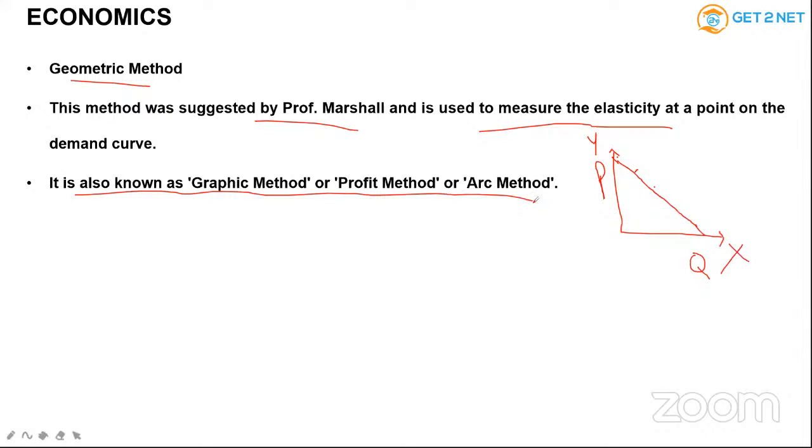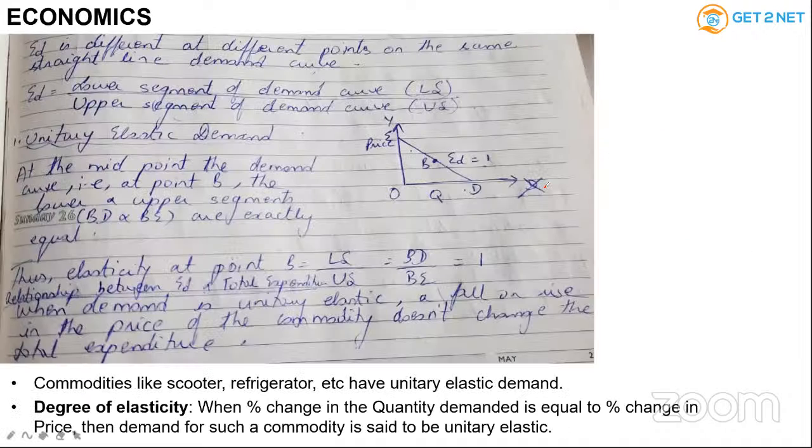Now the formula: ED equals lower segment of demand curve divided by upper segment of demand curve, LS divided by US.